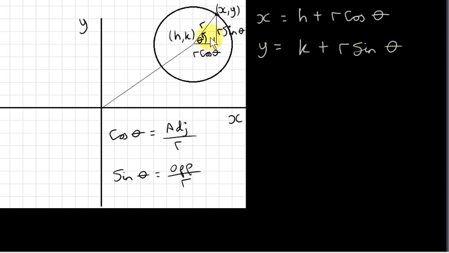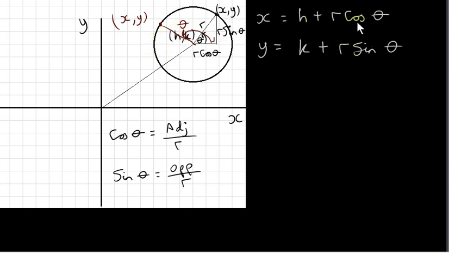So this is very clear when theta is an acute angle. But these relations also hold when theta is any angle between 0 and 360 degrees. So for example, if the point (x, y) happens to be here, we can see that theta is an obtuse angle, an angle between 90 and 180 degrees. So what happens to these relations?